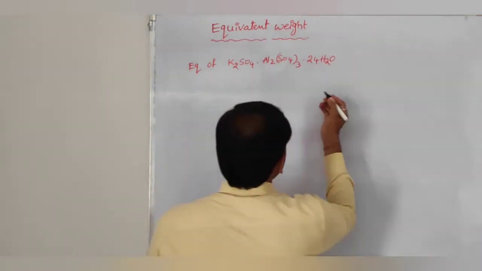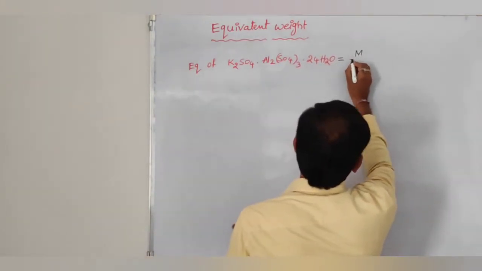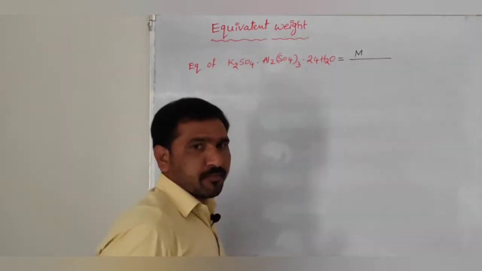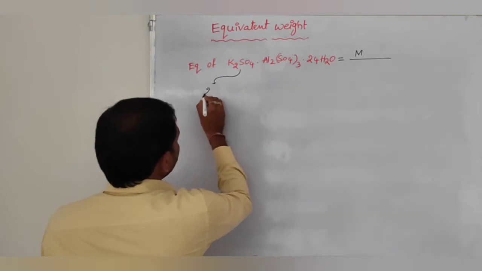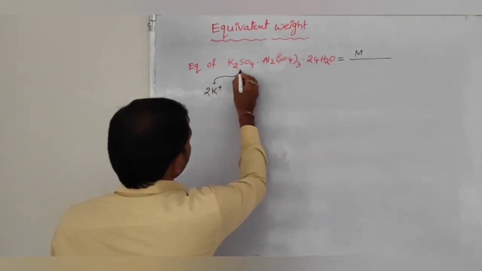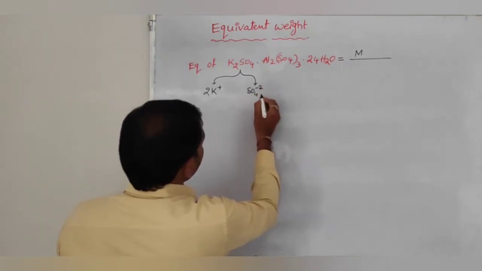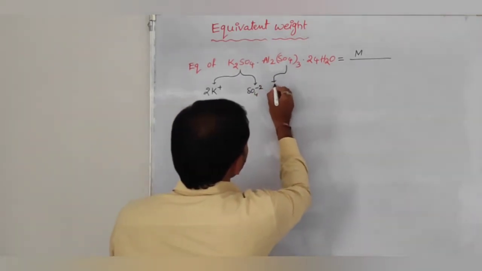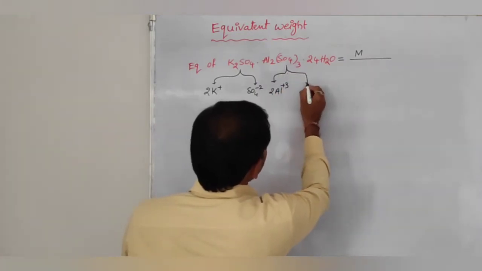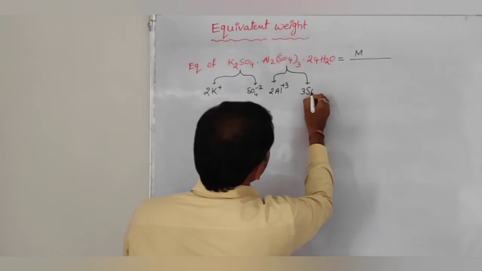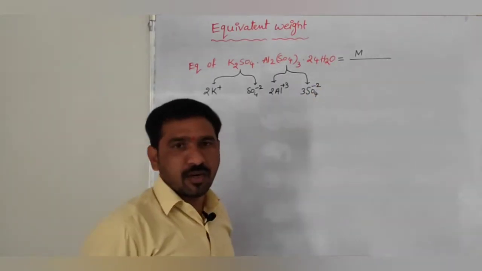So that is equal to the molecular mass of this compound divided by n factor. Here, how do we gather the n factor? This dissociates as 2 K+ ions and 1 SO4-2 ion, and this dissociates as 2 Al+3 and 3 SO4-2. No need to concentrate on the water molecules.